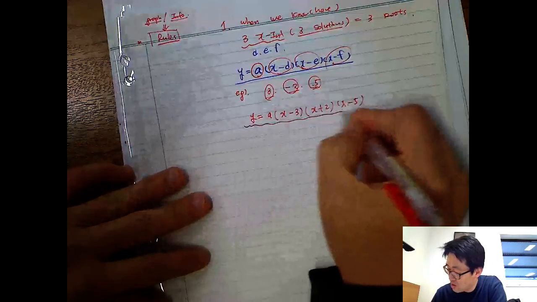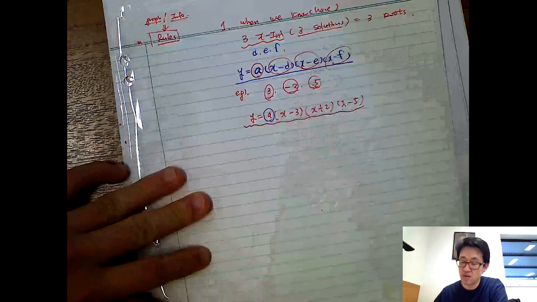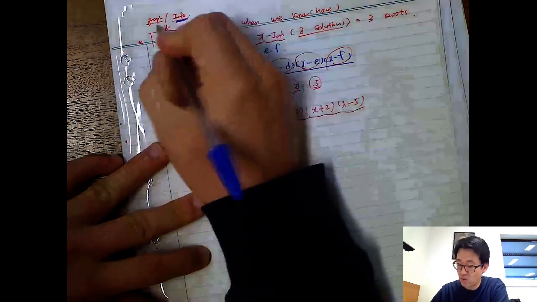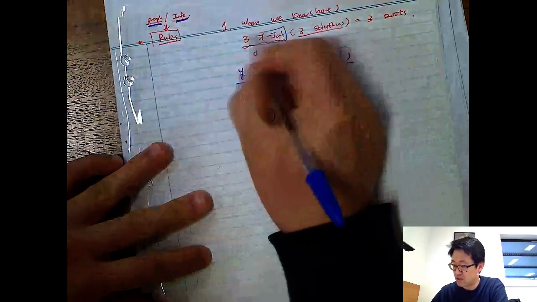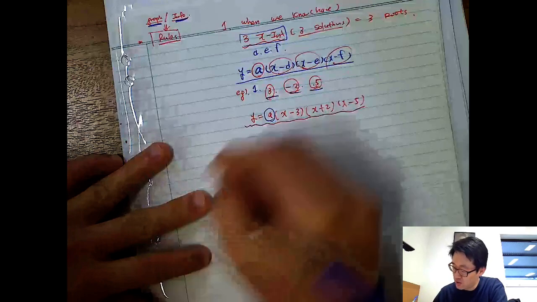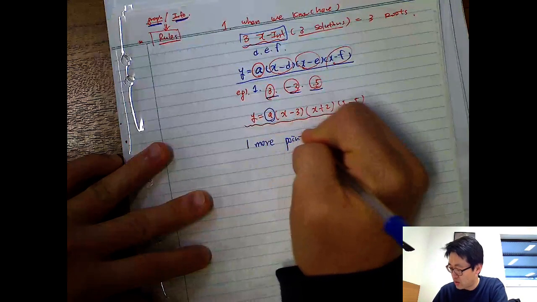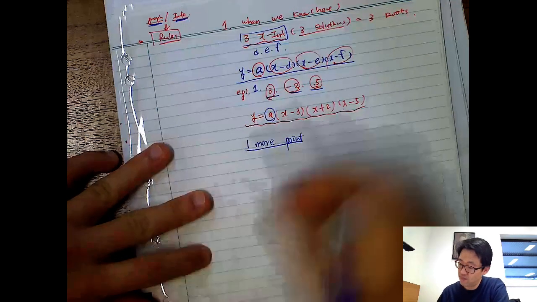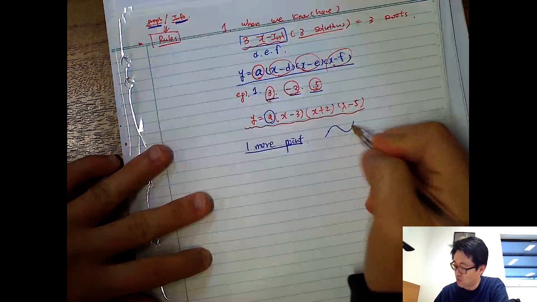So it's getting close. All we need to know is a. From the graph, we get 3 x-intercepts, and plus we need one more point. It doesn't matter where.